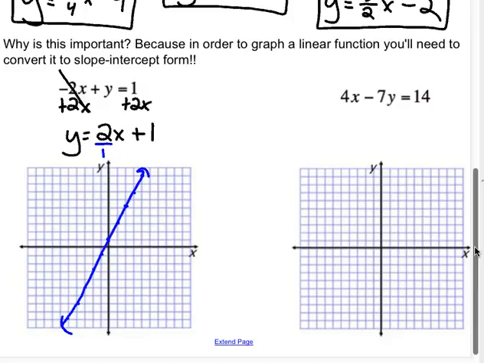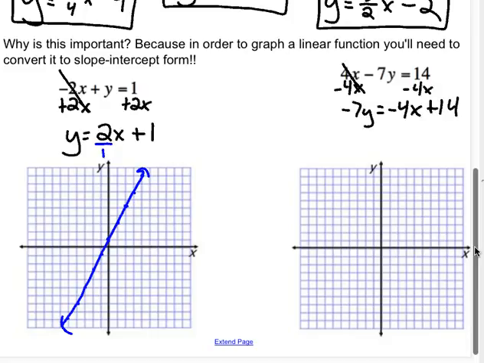And same thing with the next one. So again, the way that we know to graph is by getting y by itself, putting it in slope-intercept form. So I'm going to move my x over, which stays separate from the 14.